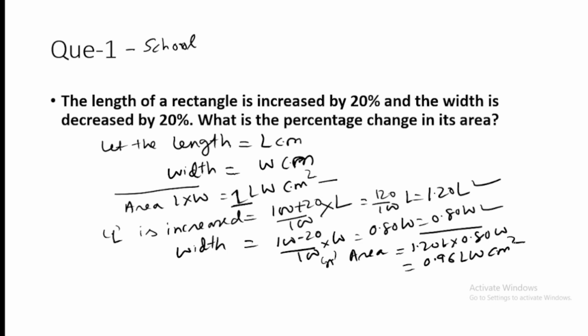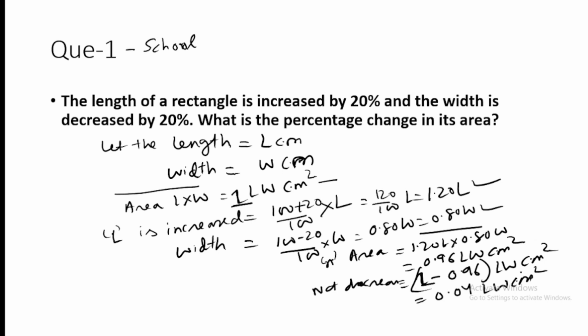So yes, it has decreased from 1 to 0.96. The net decrease is equal to 1 minus 0.96, in bracket, LW centimeter square. So it is 0.04 LW centimeter square is the net decrease.